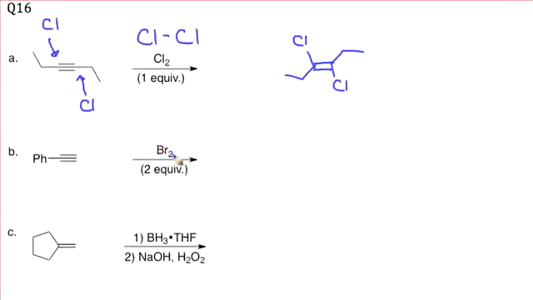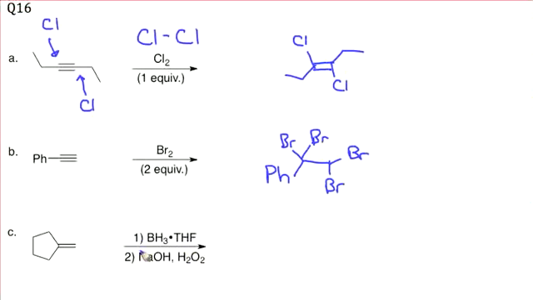So the net result is we add 4 bromines to this starting material. So if we have the phenyl group, here's where the triple bond was, and we get 4 bromines added, 2 on this side, and 2 on that side.